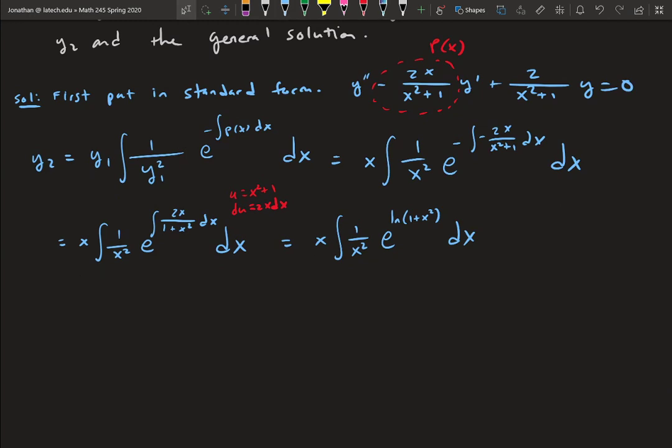And we know e to the natural log just gives us 1 plus x squared. So this is going to be x times the integral of (1 over x squared) times (x squared plus 1) dx.